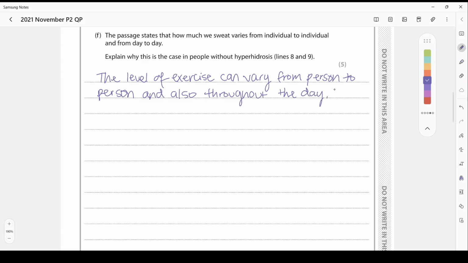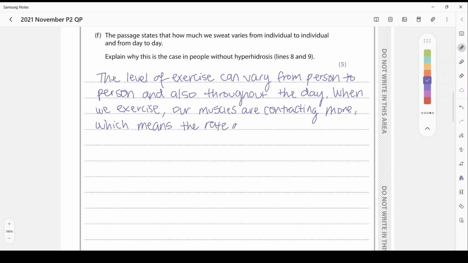When practicing more exercise, the rate of aerobic respiration increases, which warms up our body.